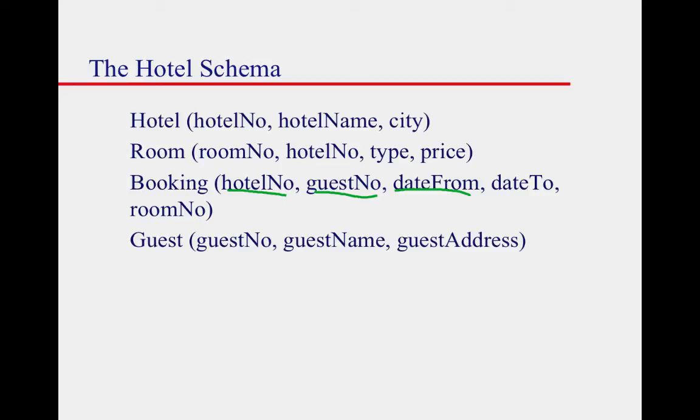The other problem is that if we're going to have to use them as foreign keys, that's a lot of data redundancy, right? That's 3 attributes that we would have to use as a foreign key. So that's not particularly good.